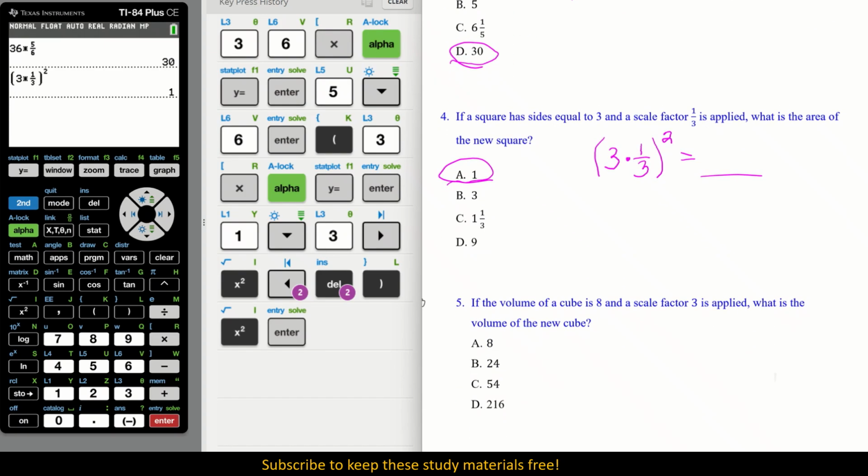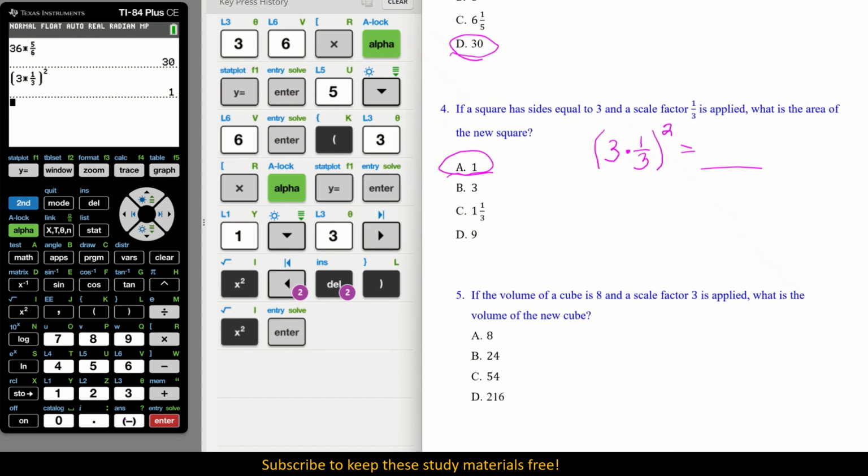All right, so let's look at number 5. The volume of a cube is 8. Now we're talking volume here, okay? And the scale factor of 3 is applied. What is the volume of the new cube? Now we need everything to be in volume.